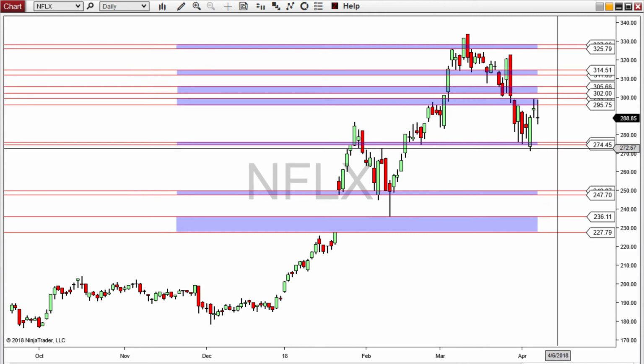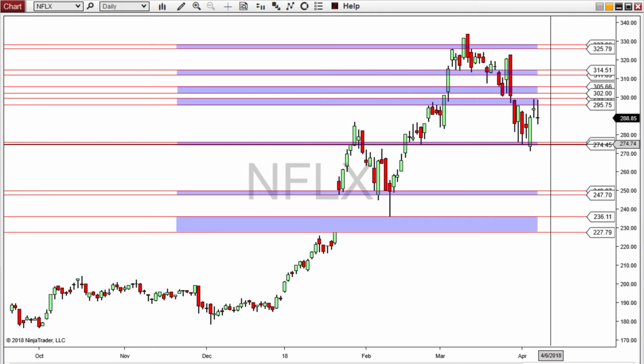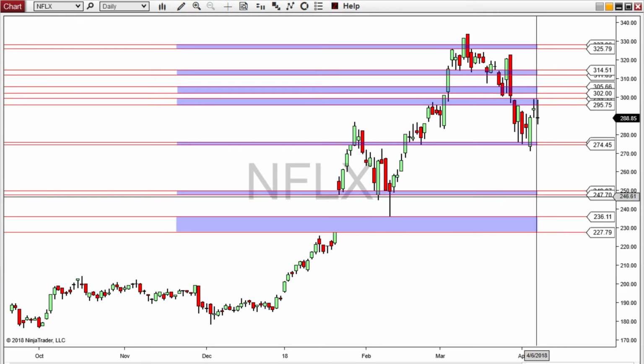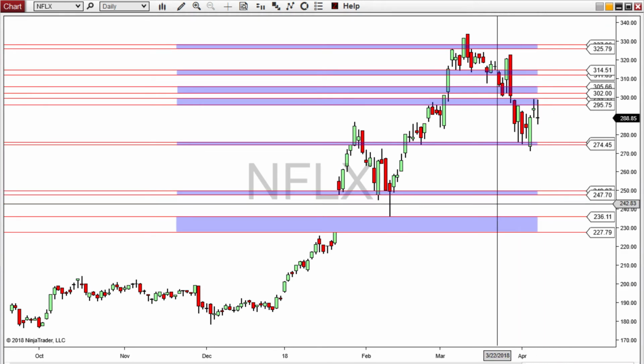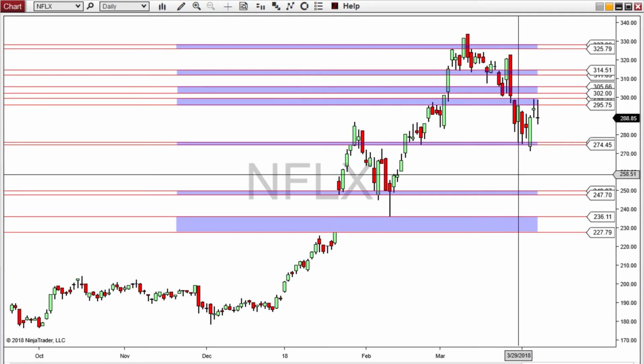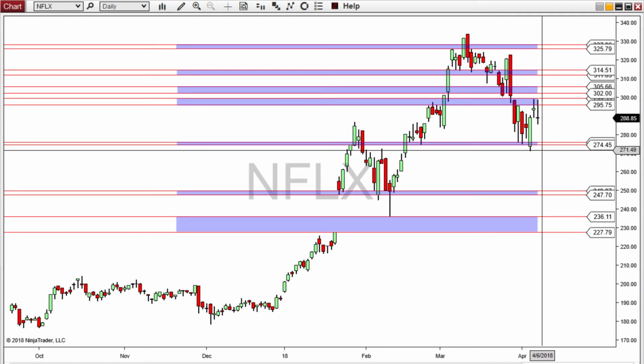I don't believe it's done with this level yet, and I'm still looking for this thing to probably work itself back down to the 247.70 area. Earnings season is going to start pretty soon, so let's see how these things are going to do.